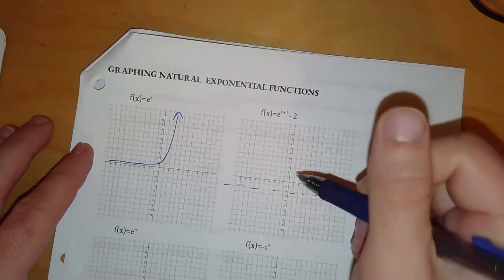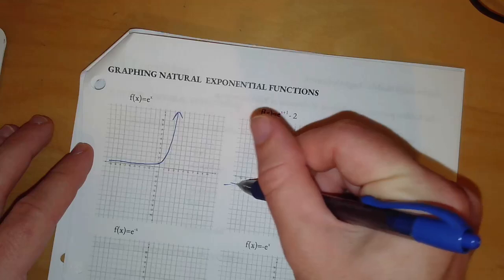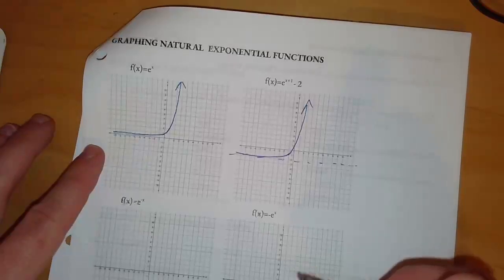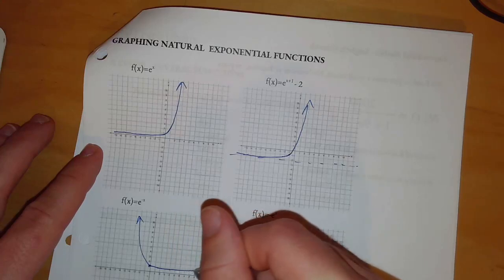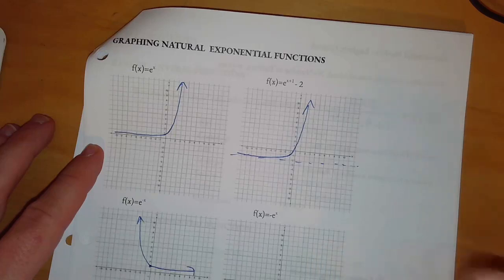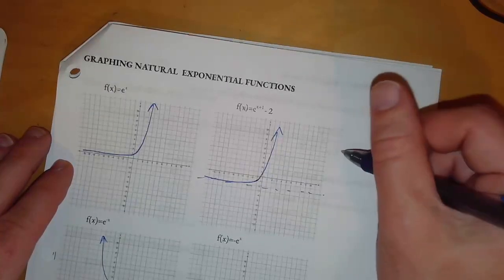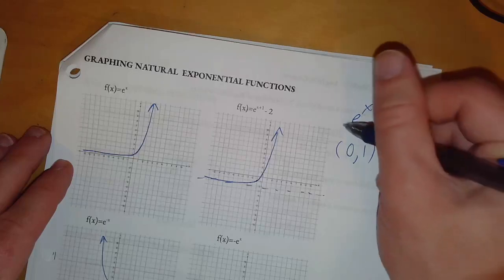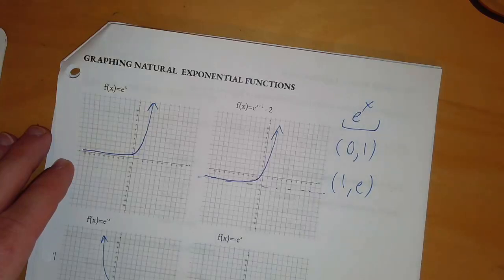These don't look wildly different than the other exponentials you've graphed. We have the same rough shapes, and we have the same ideas with transformations. The main key points are that it's going to intersect the point 0, 1, and if it was just e to the x, e to the x will intersect 0, 1, and then 1 comma e. Those are the 2 points that you know it's going to intersect.